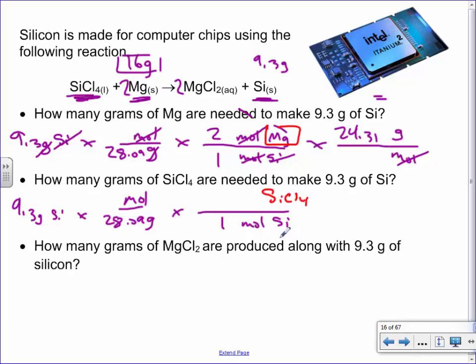And it has a different relationship. This was a 2-to-1 relationship. This guy was a 1-to-1 relationship. So that changes slightly. And the other thing that changes is that the molar mass I'm going to use here is no longer 24.31. That's magnesium's molar mass. I got to know how heavy silicon tetrachloride is. So that's 28.09 plus 35.45 times 4. I calculated a molar mass of 169.89.